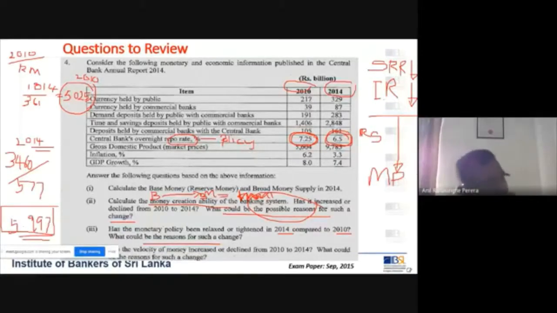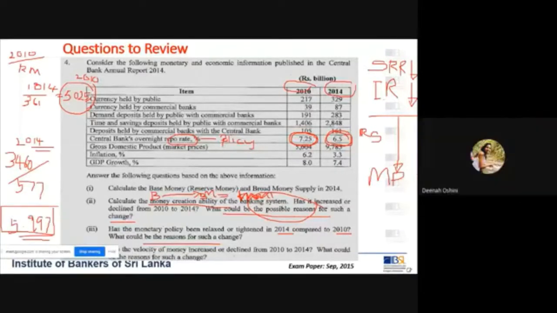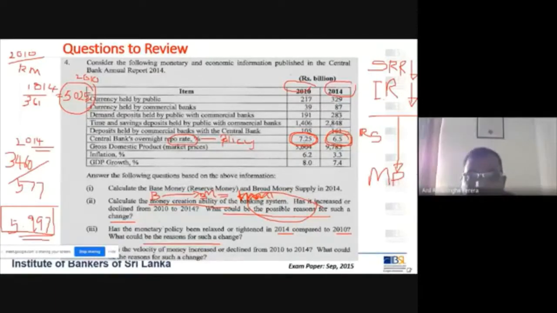Decreasing in? Repo rates. Correct. That is the indicator for monetary relaxation. That's correct. Repo rate has been reduced. When you reduce the repo rate, that indicates monetary policy has been relaxed. The question asks, why is that? What could be the reason?